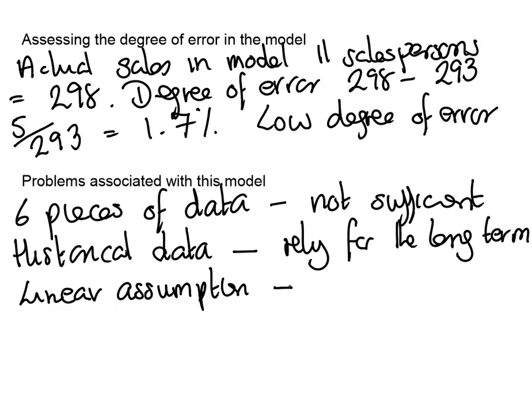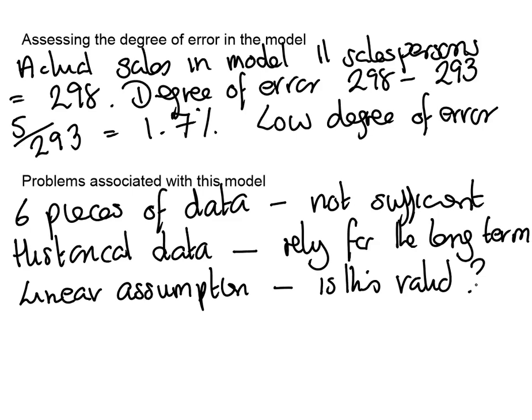So it may be that a linear assumption is not valid. So we have 3, and there are more, but we have 3 key assumptions associated with this model.